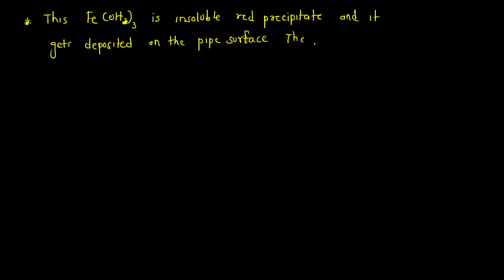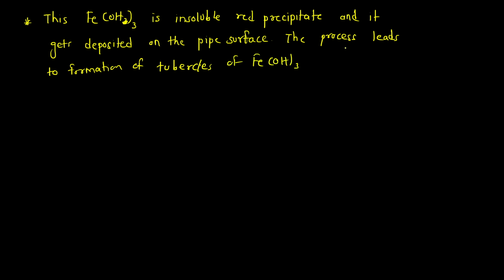The process leads to formation of tubercles of FeOH3 on the inside of the pipe. This process is called tuberculation.